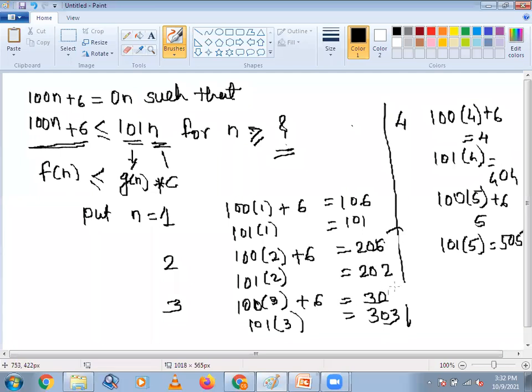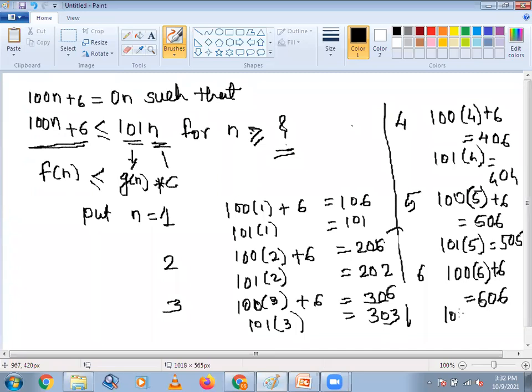206, then 306, then 406, then here, which is equal to 506. Then here put 5. Then if we put 6 plus 6, you will get 606.